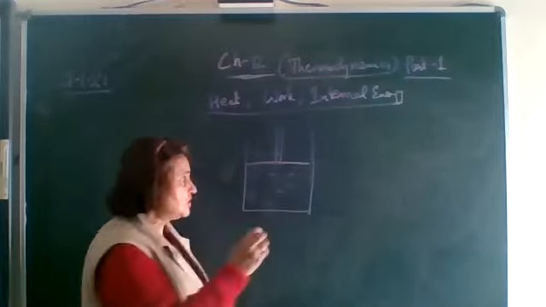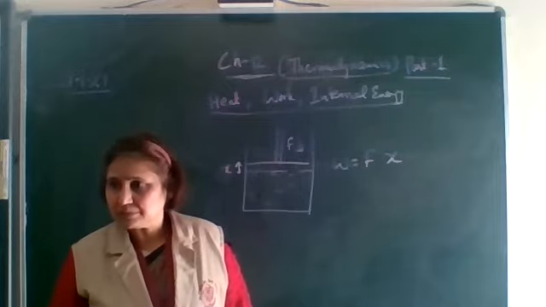So this work done is equal to force times distance. Suppose you are applying the force inwards, that is, compressing the gas, and you have moved a distance X. So the work done is equal to F into X. Work done is given by force into distance.